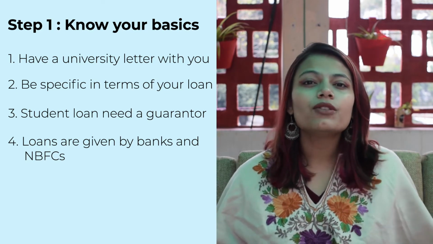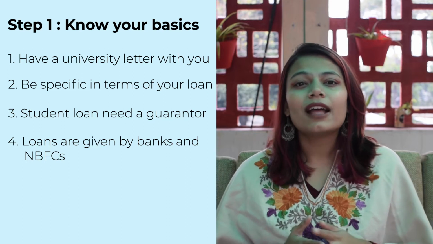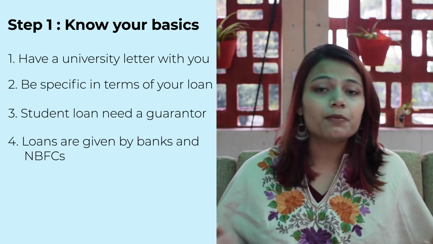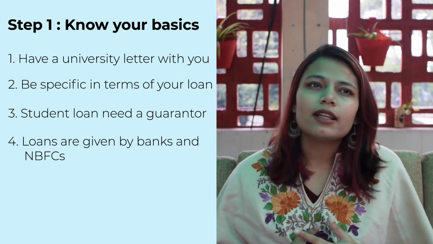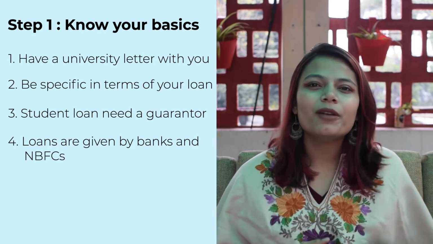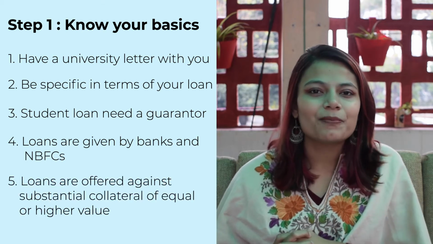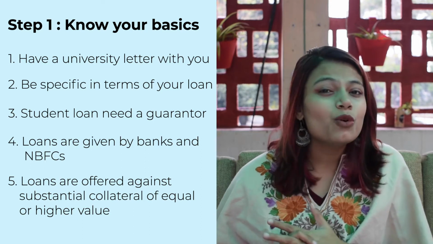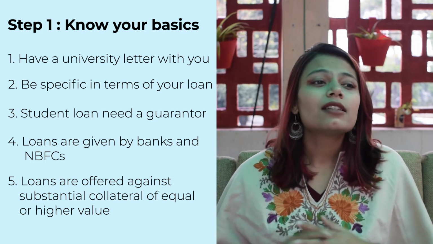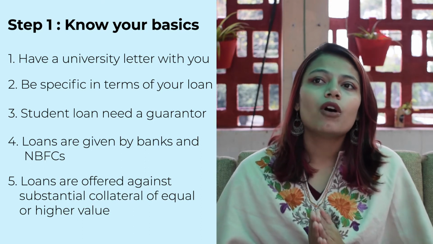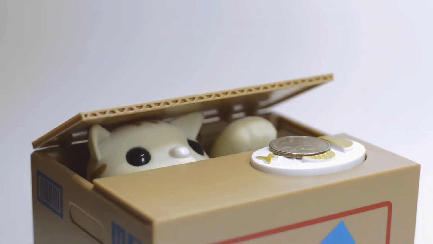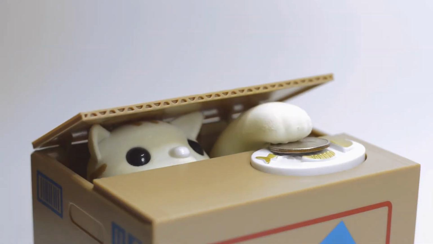Fourthly, student loans are of multiple types and they are given out by banks or NBFCs. An NBFC is also known as a non-banking financial company. And fifth, most important, student loans are always given on the basis of a collateral, or sometimes of a higher value. See, so step one was pretty easy.